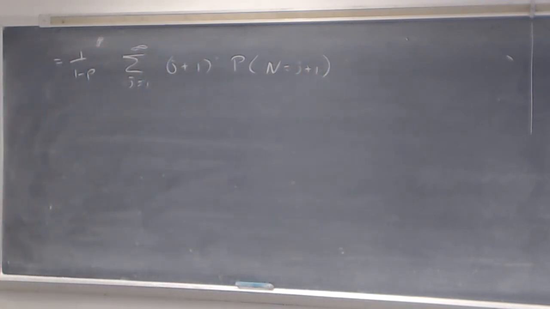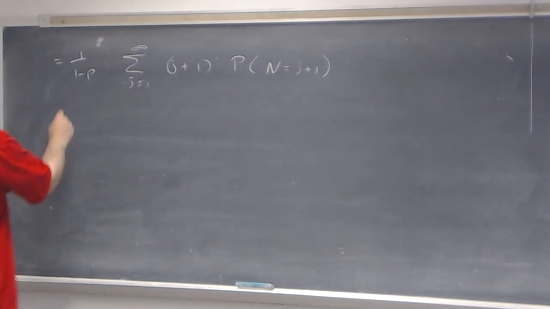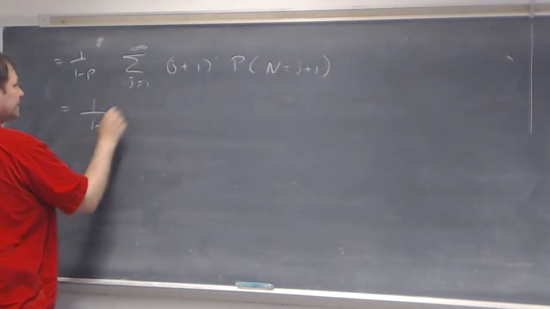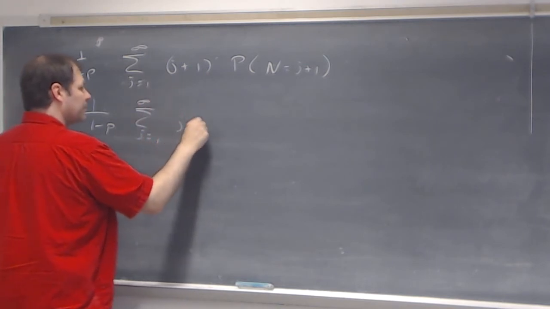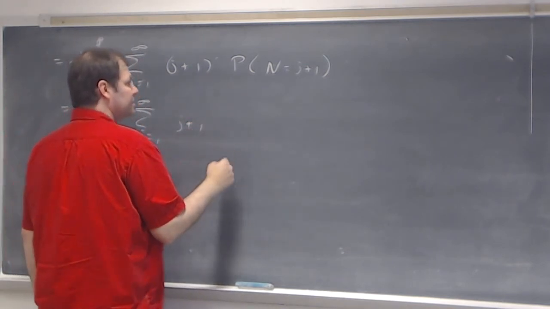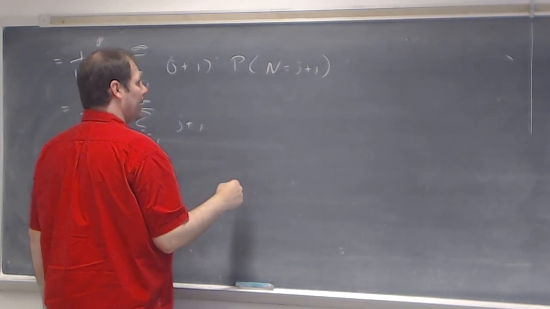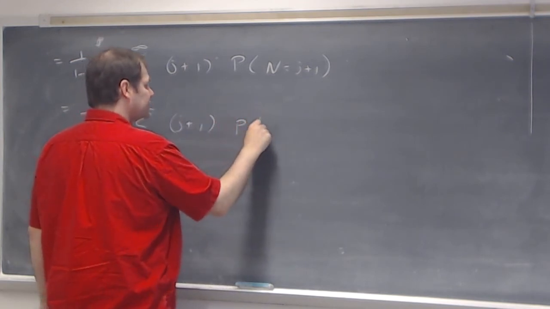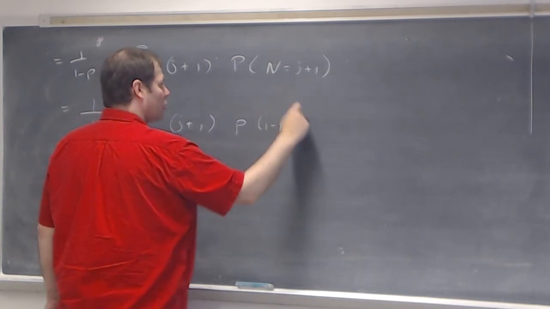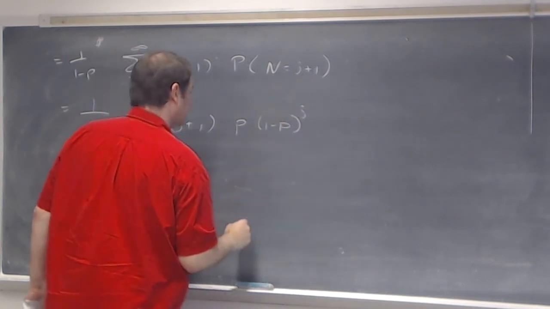Okay, that's what we have. That's going to be equal to 1 over 1 minus p, sum as j runs from 1 to infinity. Here this is j plus 1. Using the PMF for geometric, that's going to be equal to p times 1 minus p to 1 less than this, so that's just j.